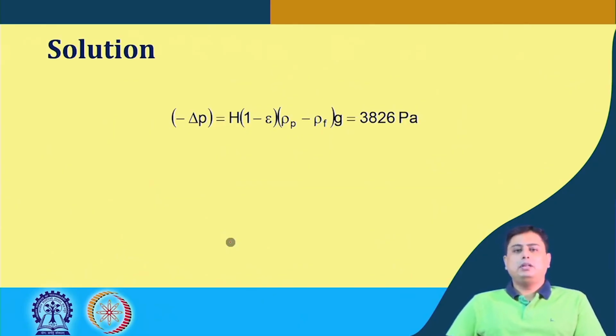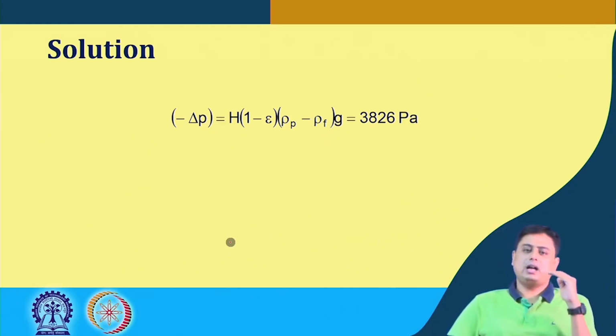Now, if you remember the discussion that we just had, what will happen, because the upper surface is unrestrained, which means if there is sufficient velocity which can overcome this pressure gradient, okay, it can suspend the particles with the flow.